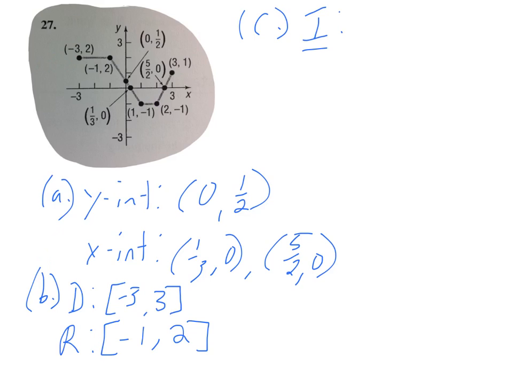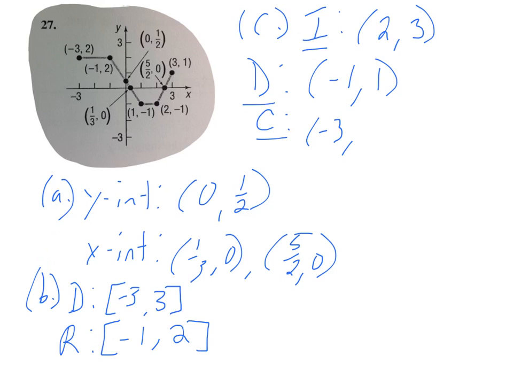So it's going to be 2 to 3. Decreasing on the interval? -1 to 1. Yep. And constant on which intervals? -3 to -1, and then 1 to 2. Yeah. So that's part C.